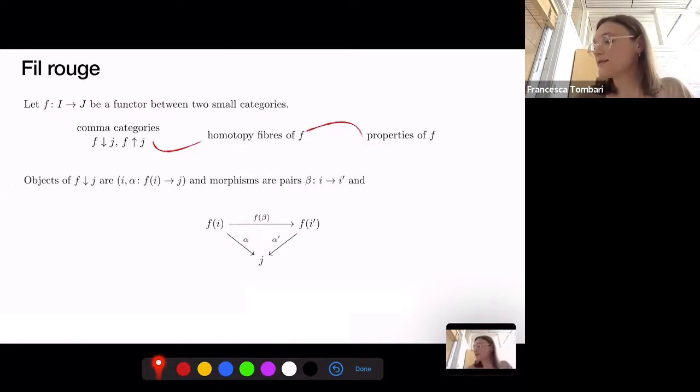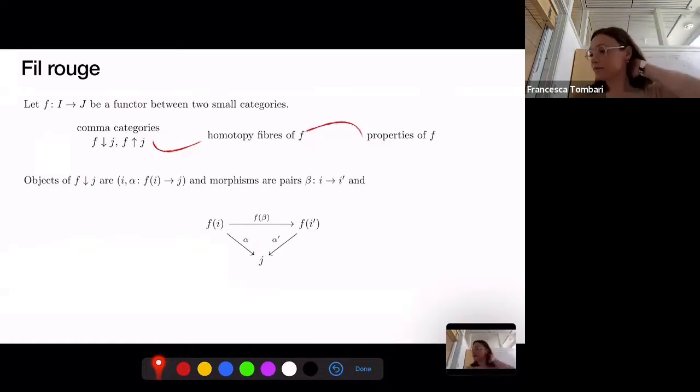The reason is that our goal today is to understand some properties of the functor F by looking at the categorical fibers, hiding the fact that actually we are studying the homotopy fibers in the middle.